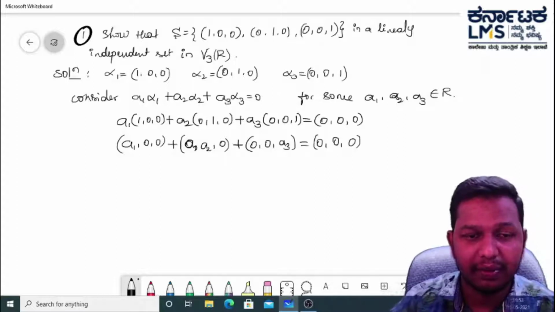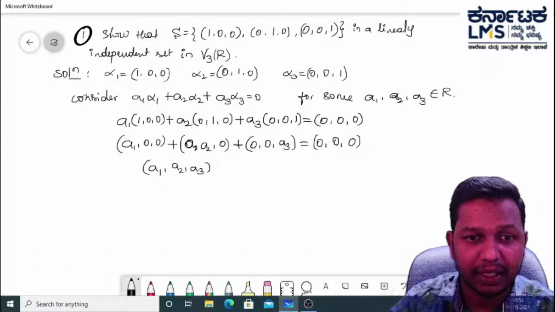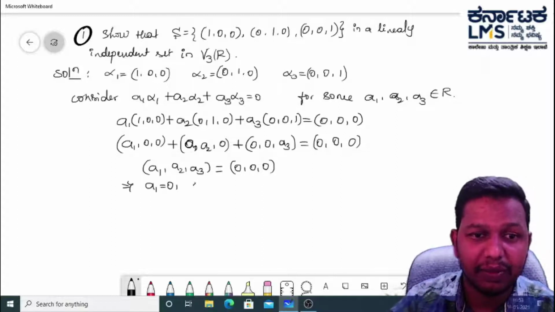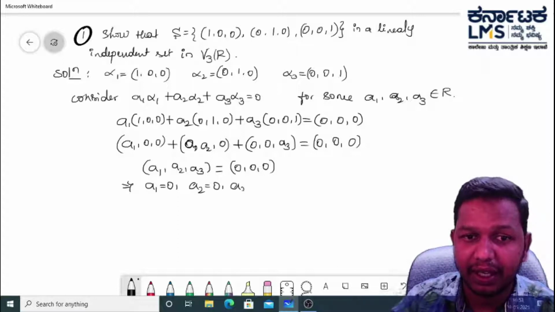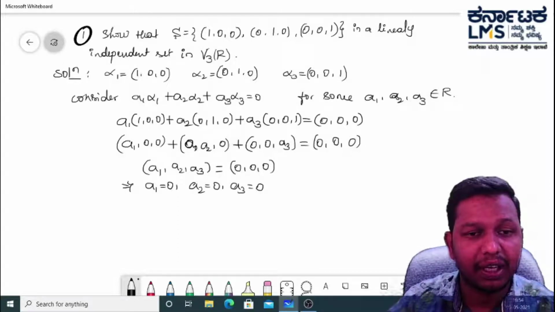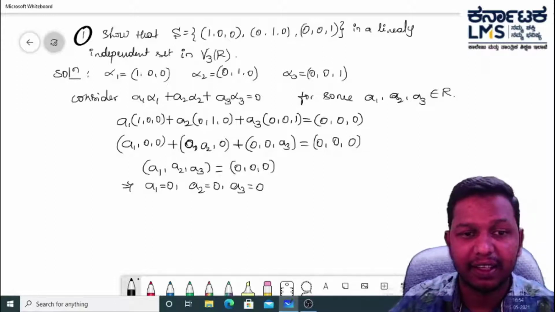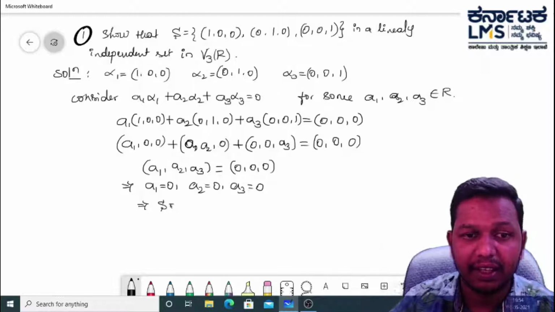Summing these vectors we get a1 comma a2 comma a3, which equals 0 comma 0 comma 0, which implies that a1 equals 0, a2 equals 0 and a3 equals 0 by comparing the coordinates of both the left hand side as well as the right hand side, which implies that all scalars are equal to 0. Hence, the given set S is linearly independent.